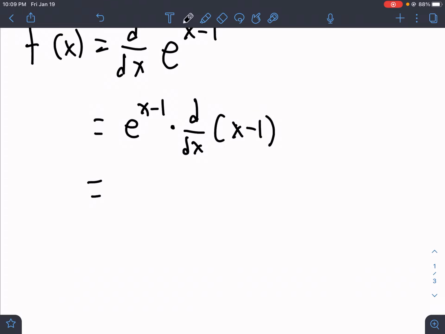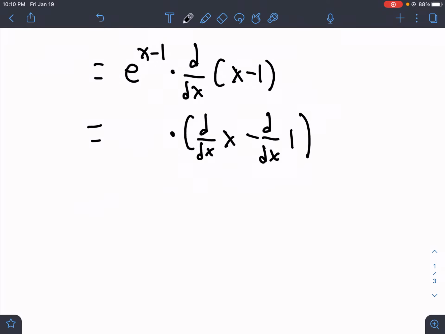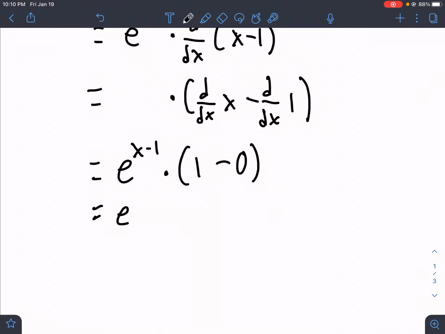We can distribute the derivative inside the parentheses, so we can do d dx of x minus d dx of 1. The derivative of x with respect to x is 1, and the derivative of 1 with respect to x is 0. So this gives us e to the x minus 1 times 1 minus 0, which just equals e to the x minus 1.